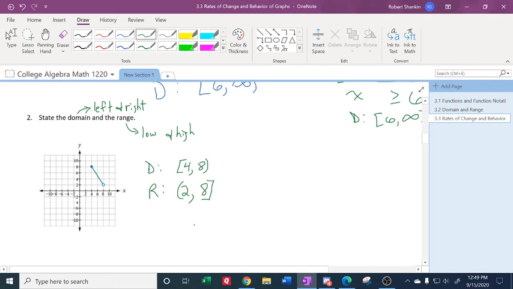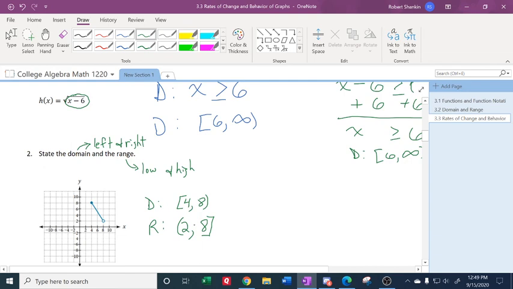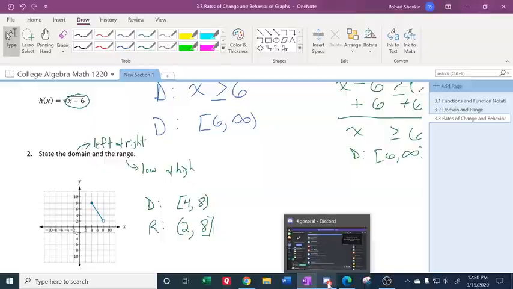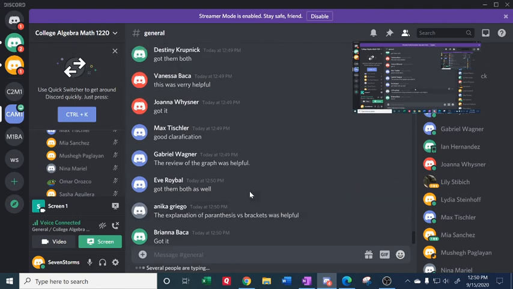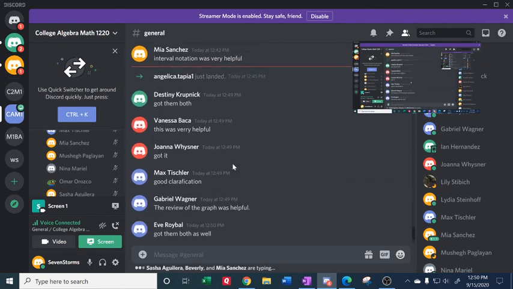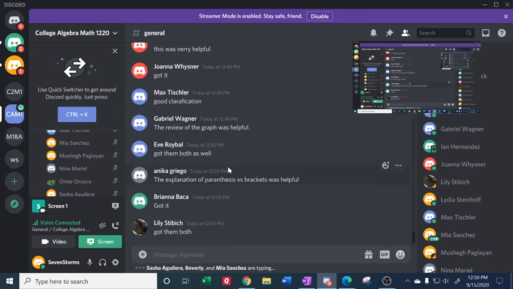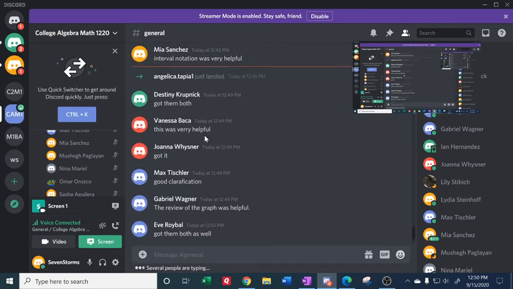All right, give me feedback on both of these problems. The domain of H, and then domain and range of this other one. Okay, seeing that it was helpful is a good comment too.